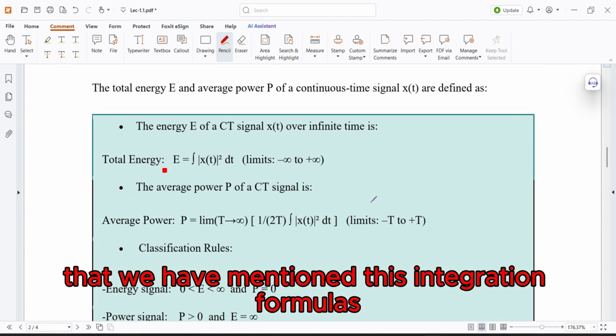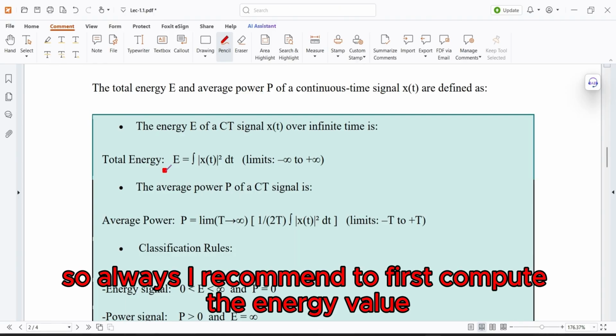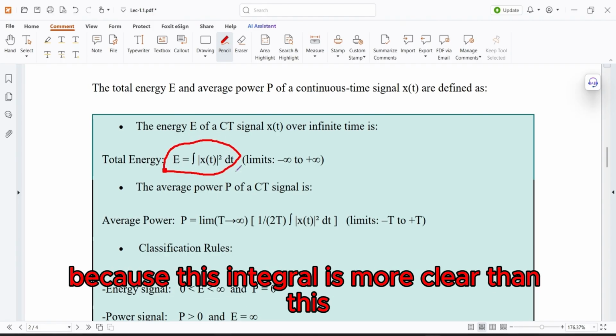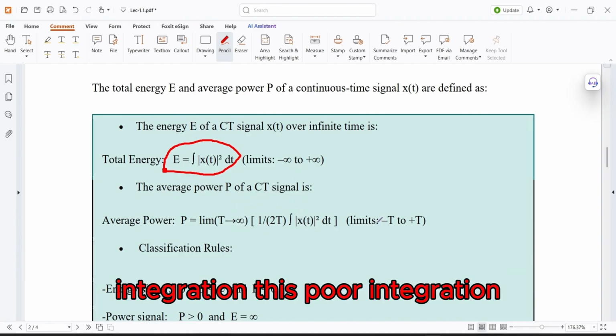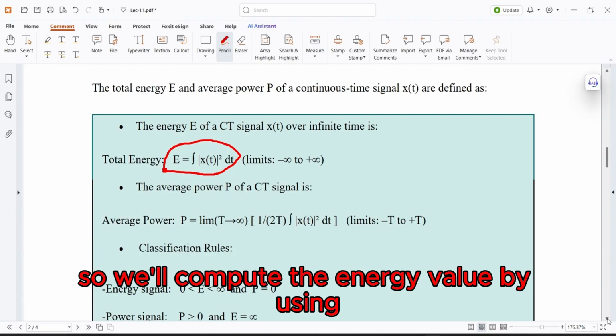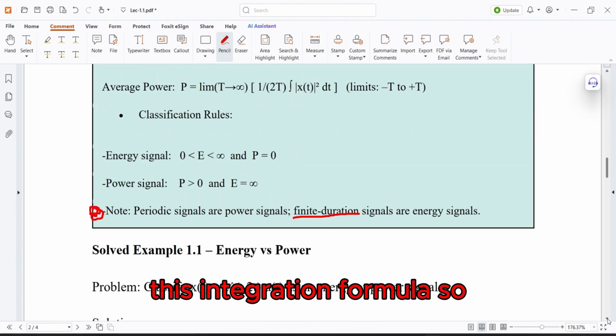I always recommend to first compute the energy value because this integral is clearer than the power integration. So we'll compute the energy value by using this integration formula.